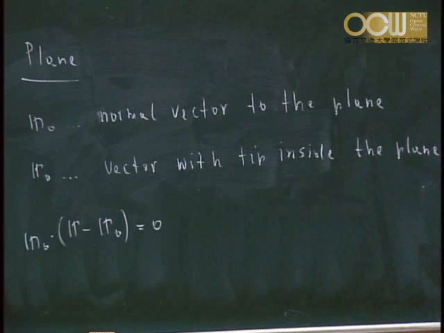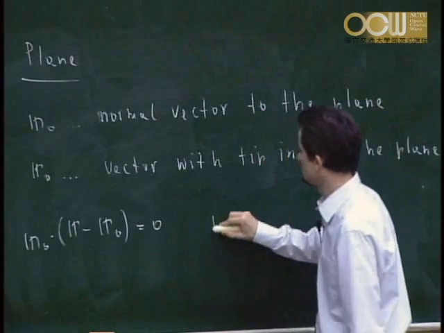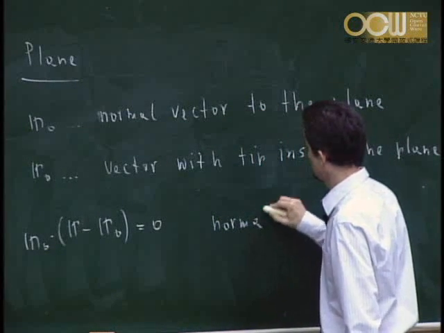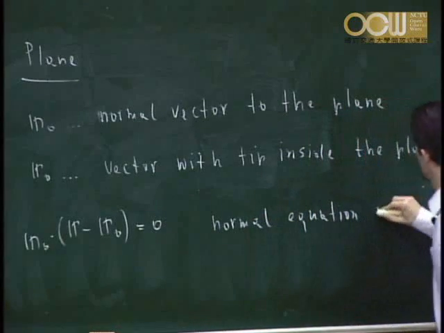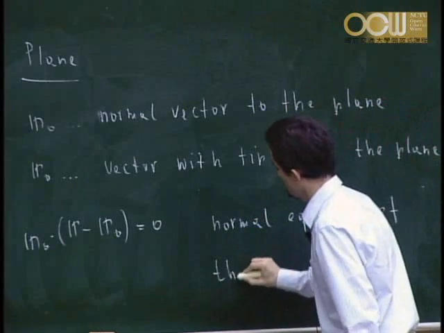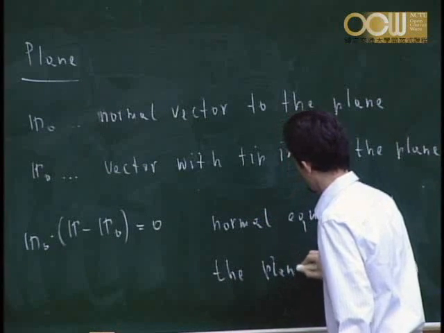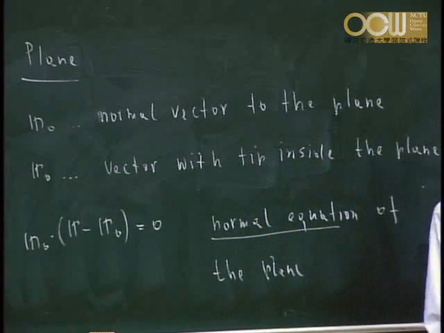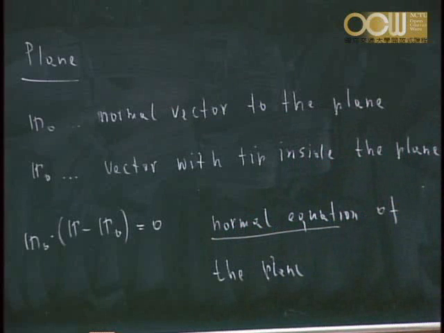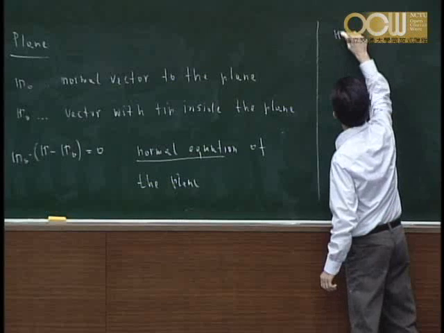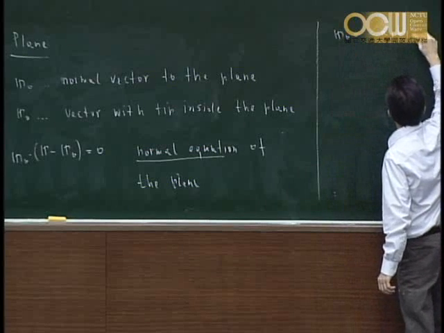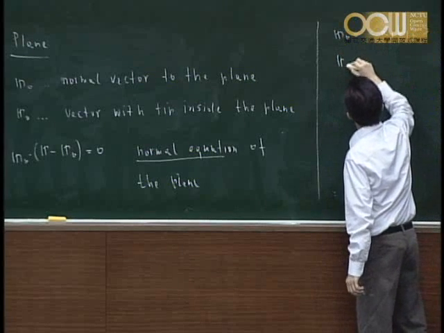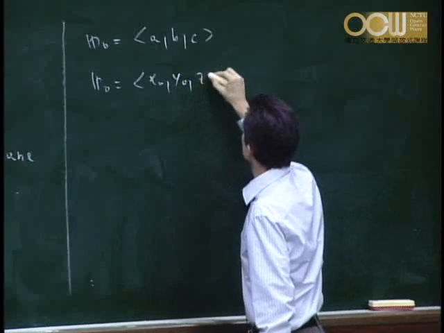Okay, so this equation will describe a plane, and this is called the normal equation of the plane. And again, you can introduce coordinates. So our n0 is equal to a, b, and c. Our r0 is equal to x0, y0, z0.